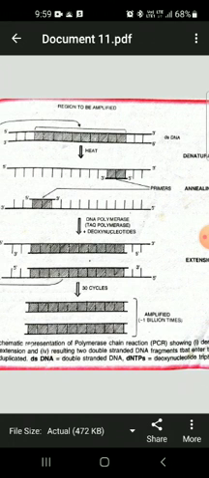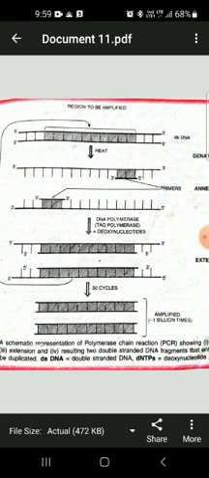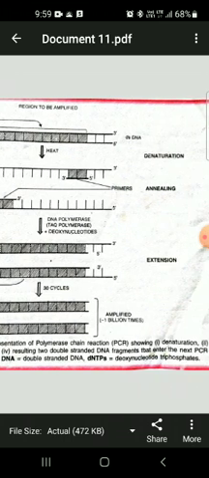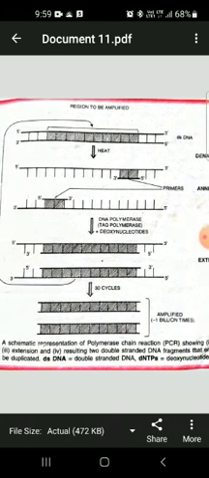The primers are oligonucleotides that hybridize to the target DNA for its replication. Taq DNA polymerase or Taq polymerase is the enzyme that is responsible for the polymerization of the DNA segment.